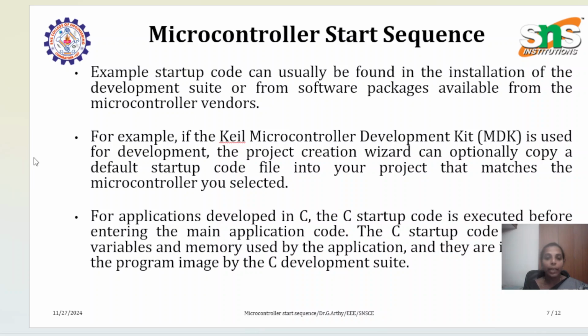For example, in Keil, a microcontroller software used for development, the project creation wizard can optionally copy a default startup code file into your project that matches the microcontroller we have selected. For applications developed in C, the C startup code is executed before entering the main application code. The C startup code initializes variables and memory used by the application, and then they are inserted into the program image by the C development suite.